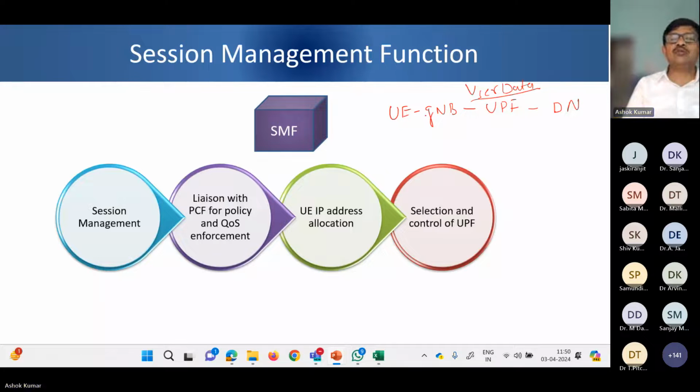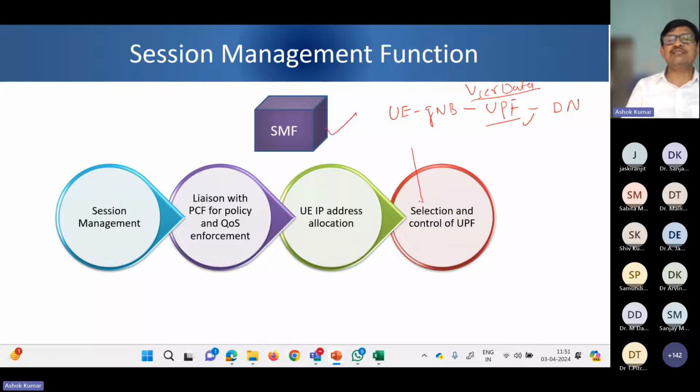So which UPF will handle the particular call of the UE? There may be multiple user plane functions, multiple instances of UPF. Which UPF will handle a particular call, data call or voice call or any type of call, is decided by SMF.